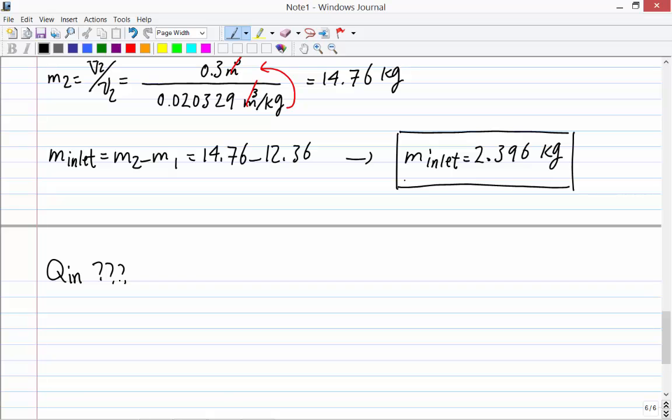Okay, so when we talk about the heat, it's kind of clear that we need to use the first law, which is about conservation of energy, right?